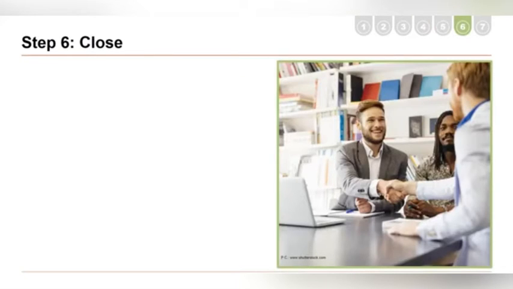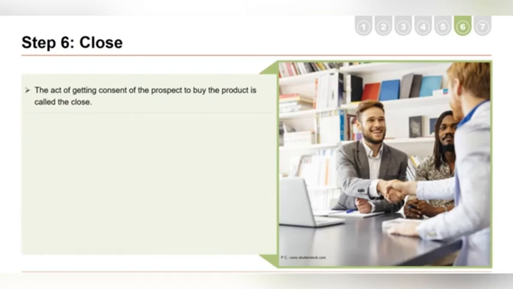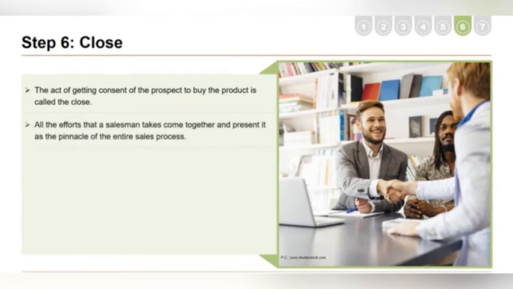Step 6 is close. The act of getting consent of the prospect to buy the product is called close. All the effort that a salesman takes comes together and is presented as the pinnacle of the entire sales process. It is vital for a salesman to be alert and identify the right moment to close the deal.